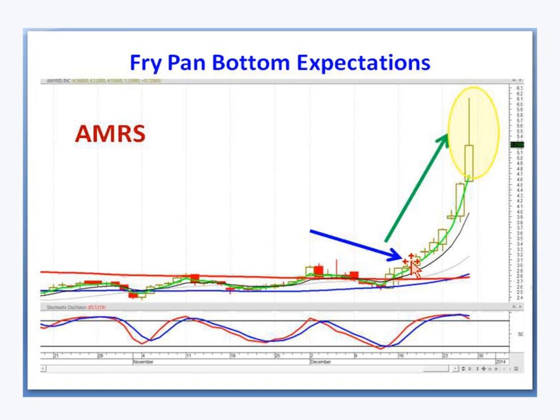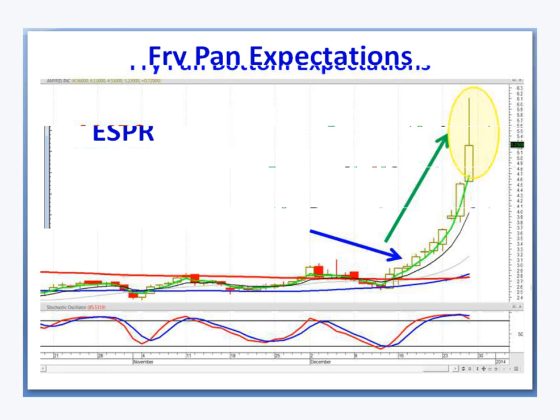If this was 4 weeks to expiration and I see a fry pan bottom breakout, I might just buy the calls outright. If it's only 2 weeks till expiration, I might be doing a spread because a spread's going to be much more beneficial. We'll get to that here in a minute.